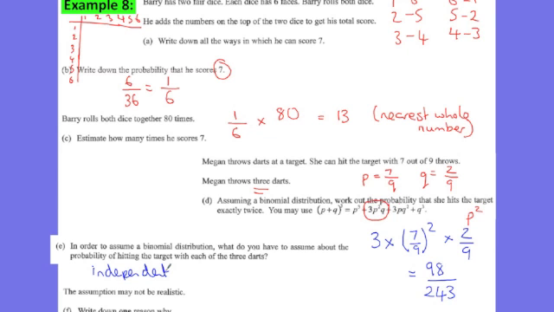However, we are then told that the assumption may not be realistic and asked to write down one reason why. Well, if you're playing darts and you have a dartboard and the target is this little space here in the middle and you throw a dart and it hits here, and then you throw another one, is the probability actually the same?